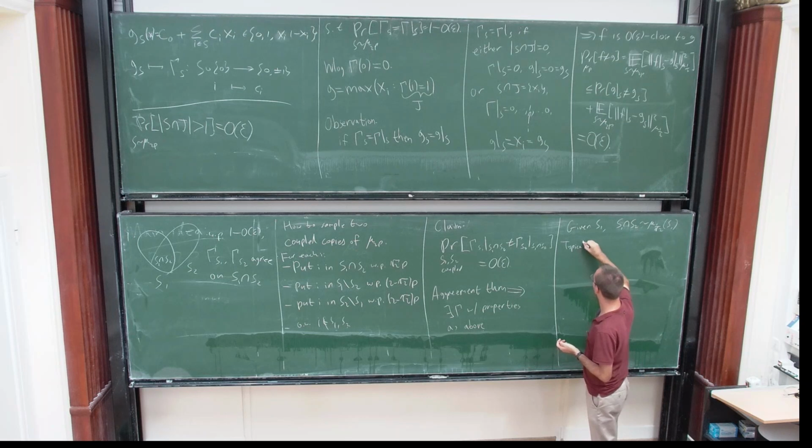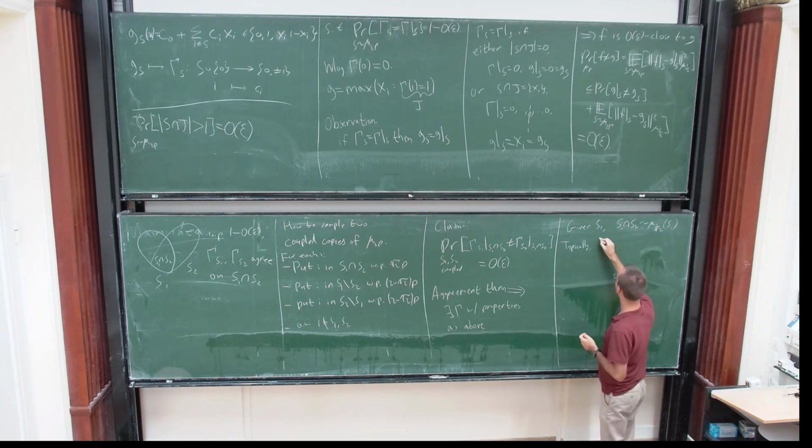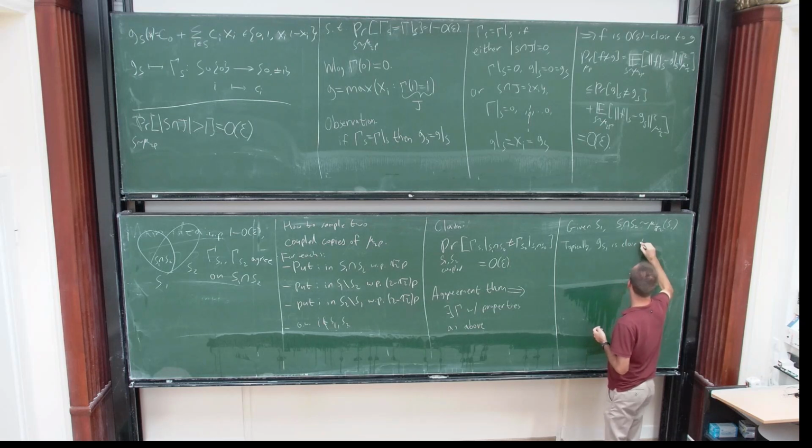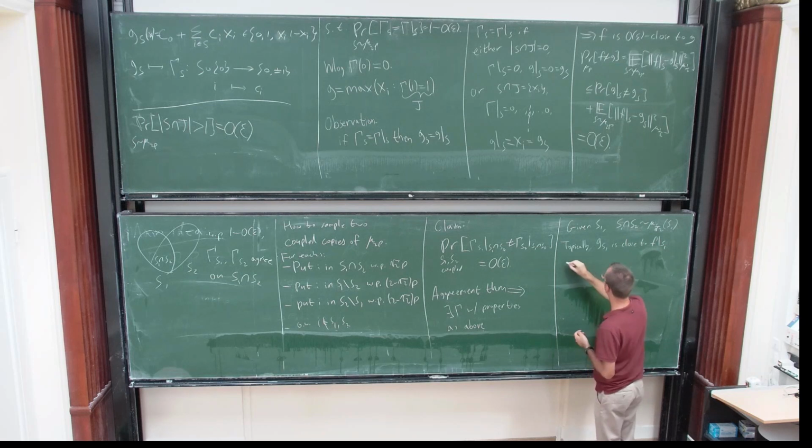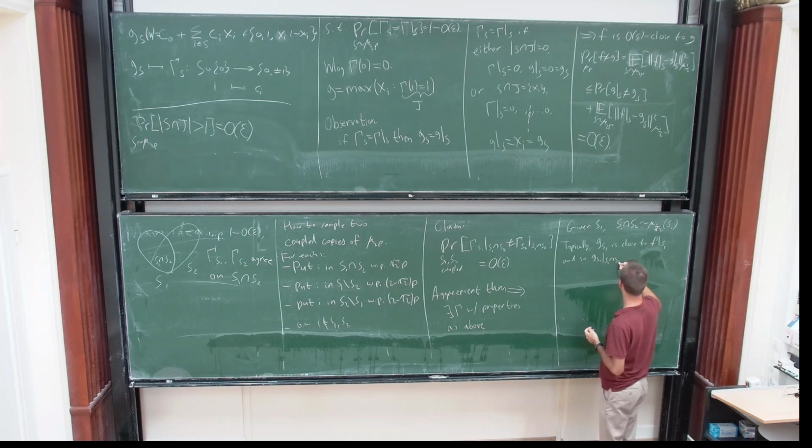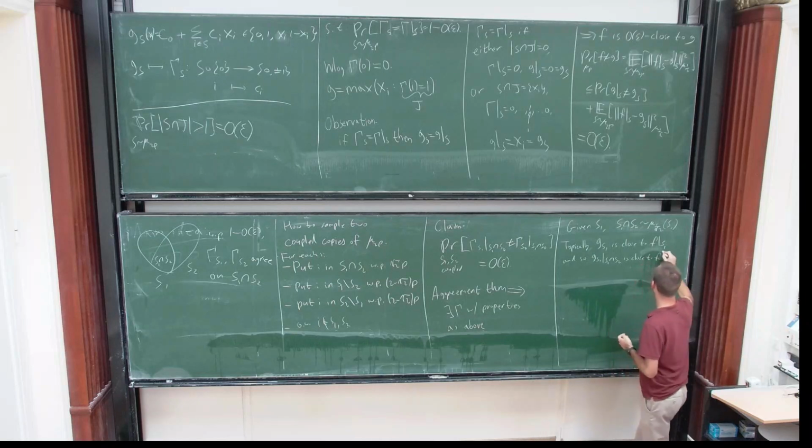Okay, so we know that typically GS1 is close to F restricted to S1, and so GS1 restricted to S1 restricted to S2 is close to F restricted to S1 intersect S2.